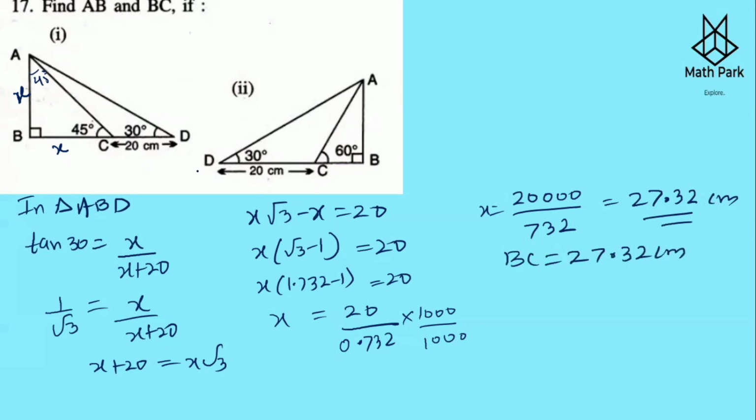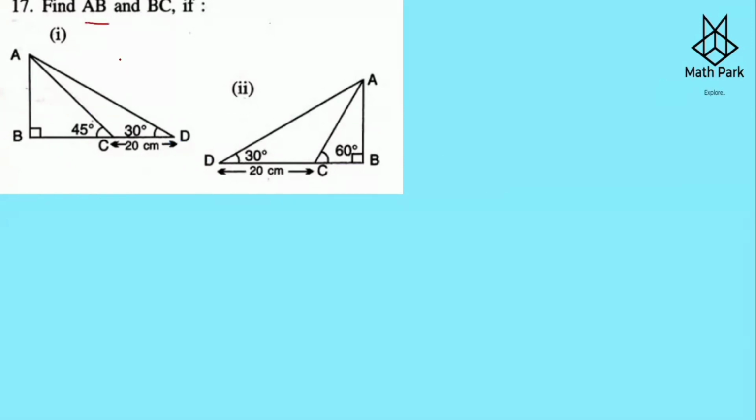We calculated BC, and both AB and BC are equal because this is a 45 degrees. Also you get AB is equal to 27.32 centimeter. Again, we have to find AB and BC. So let us take BC to be X. Now in triangle ABD, let us use tan 30, and tan 30 is opposite, that is AB upon BC.